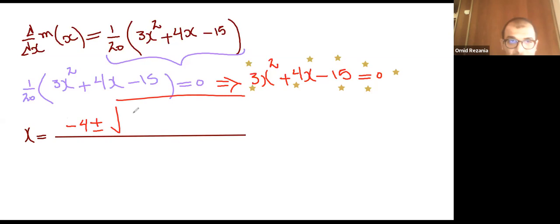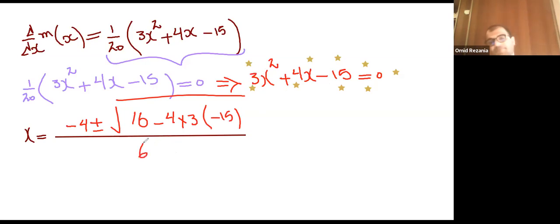B is going to be 4. It's going to be 16 minus 4 times a, which is 3, times c, which is minus 15, divided by 2a, which is going to be 6. Okay, let's simplify this term.